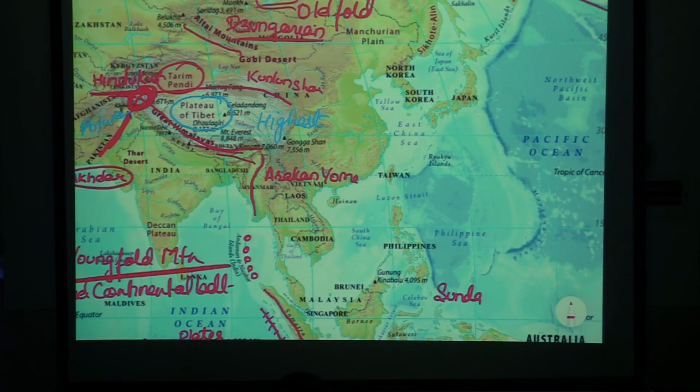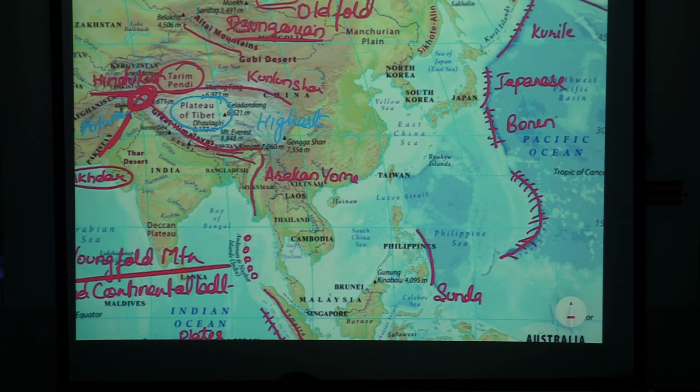And if we try to see this, Kurile, Japan, Bonin, Mindanao, Mariana. This is Kurile Trench. This is Japanese Trench. This is Bonin Trench.